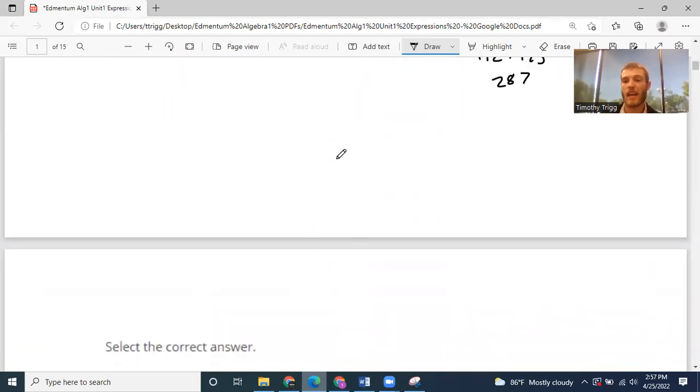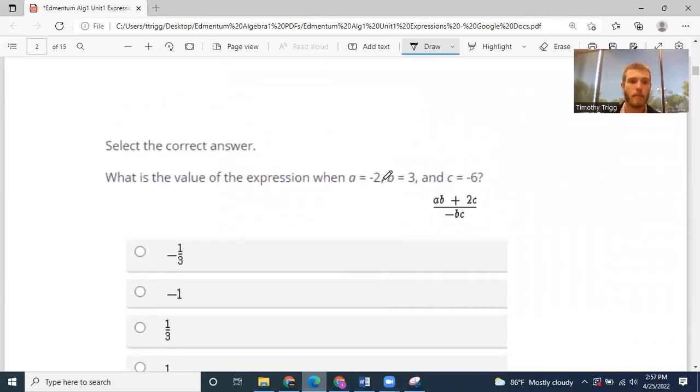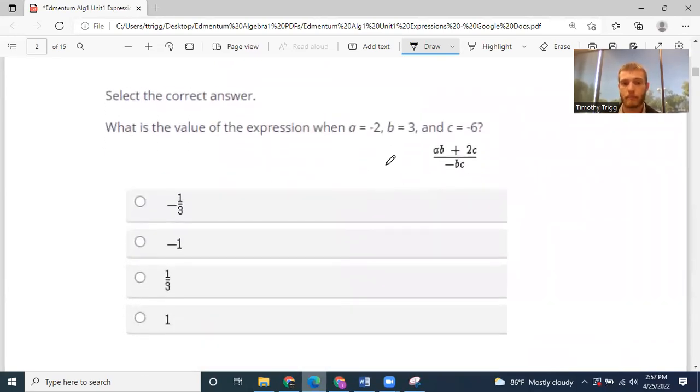Okay, again, not all the questions will be that hard, but they put some hard ones up front here. Okay, question 3, a times b, so that's going to be -2 times 3, again, replacing the a and b with those numbers, plus 2 times -6, because we're replacing the c with -6.